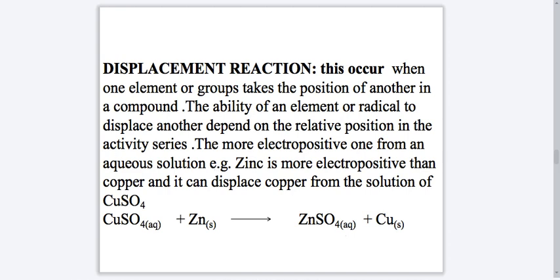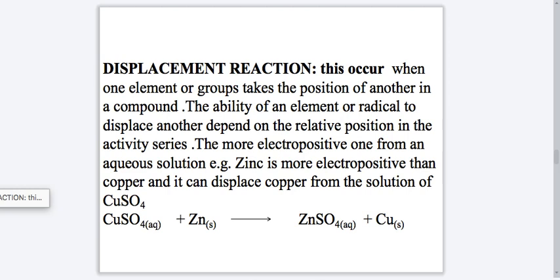The second type of reaction we are going to look at is displacement reaction. This is a type of reaction where one element or group takes the position of another in a compound.